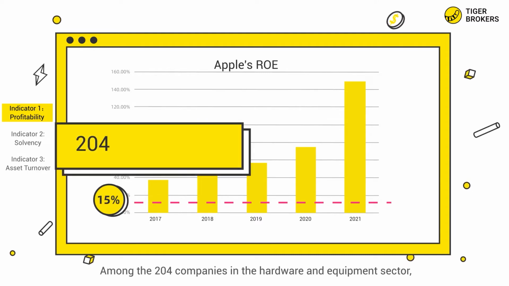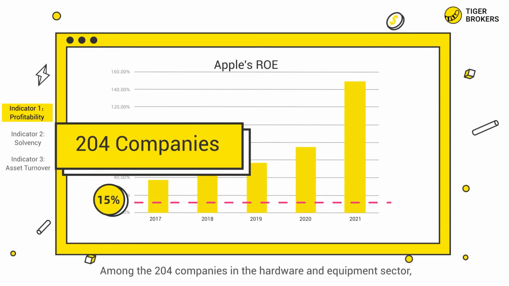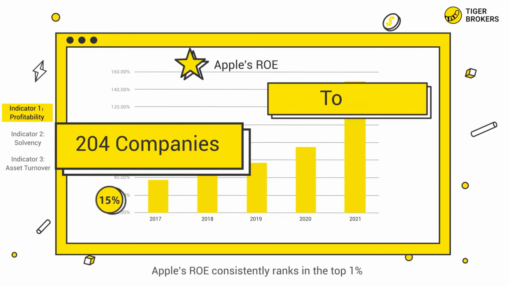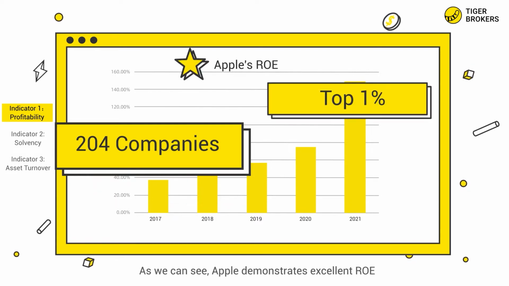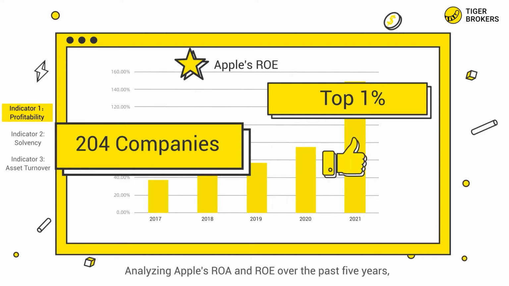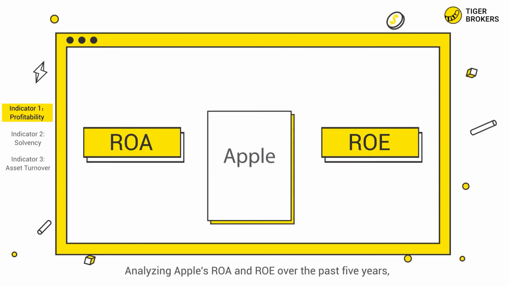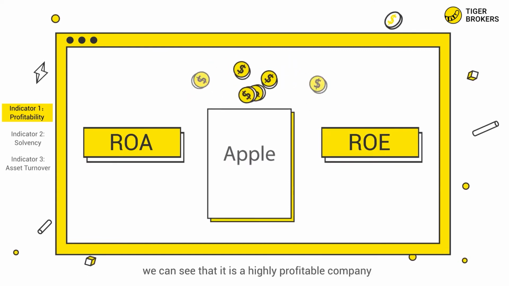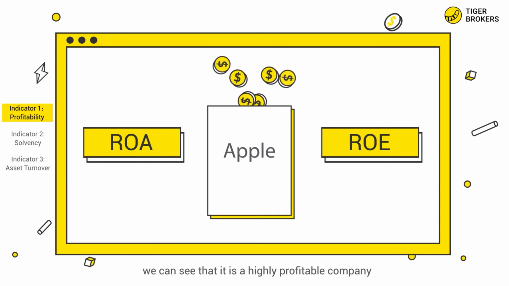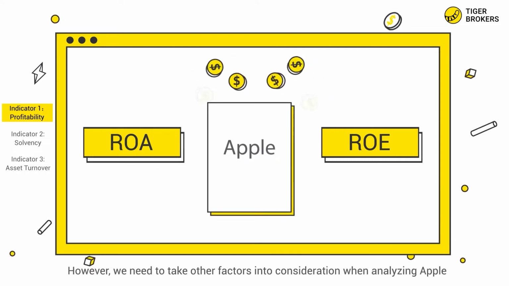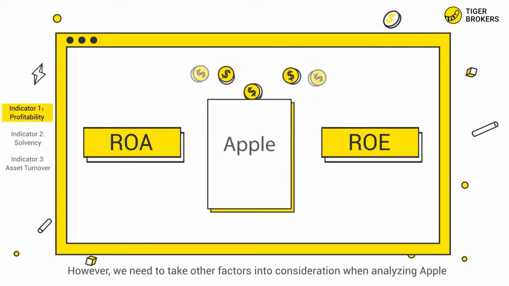Among the 204 companies in the hardware and equipment sector, Apple's ROE consistently ranks in the top 1%. As we can see, Apple demonstrates excellent ROE. Analyzing Apple's ROA and ROE over the past 5 years, we can see that it is a highly profitable company. However, we need to take other factors into consideration when analyzing Apple.